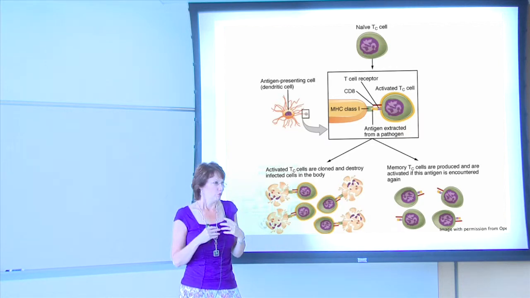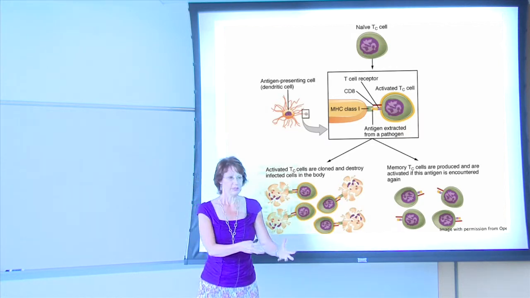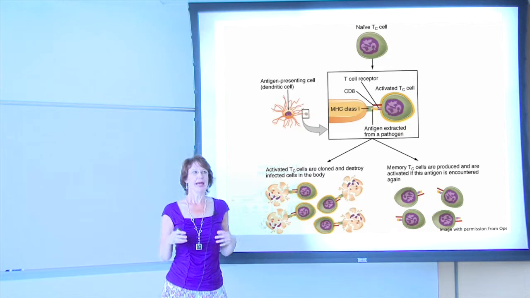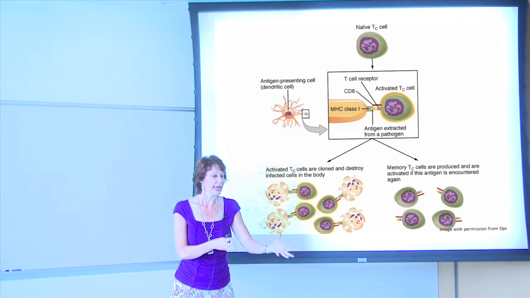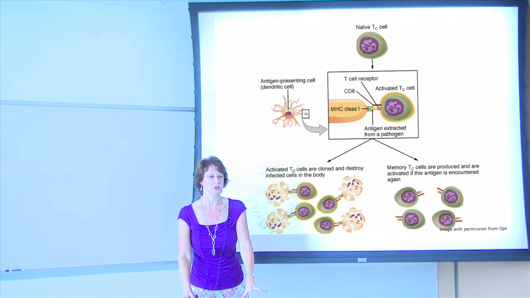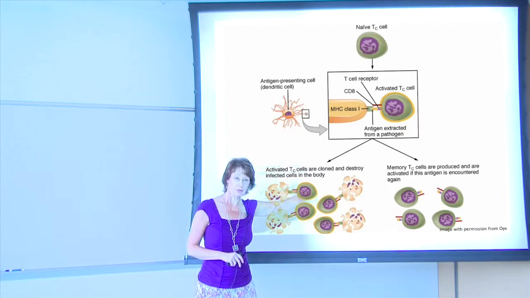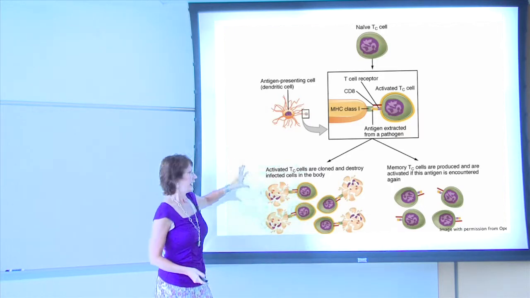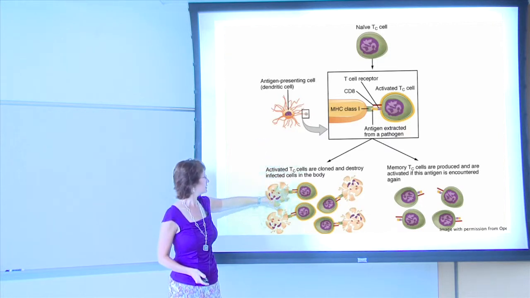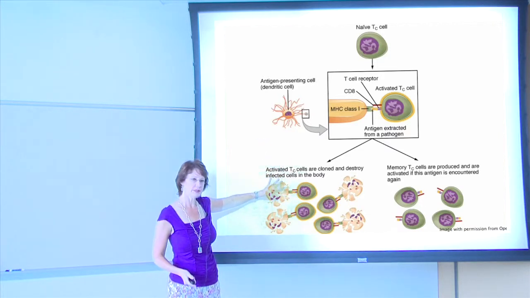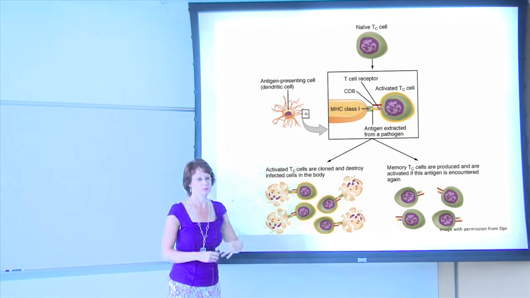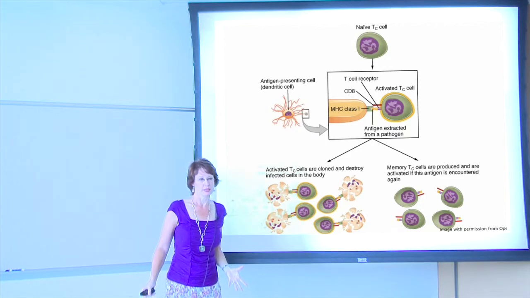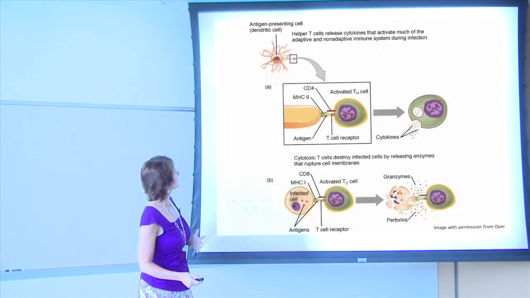So once it's been activated, if you ever run into that particular antigen again, you've got T cells all over your body that remember that specific antigen and are ready to attack it again. At the same time, tons of activated killer cells are made that go out and kill any more of those antigens that happen to come into the body.